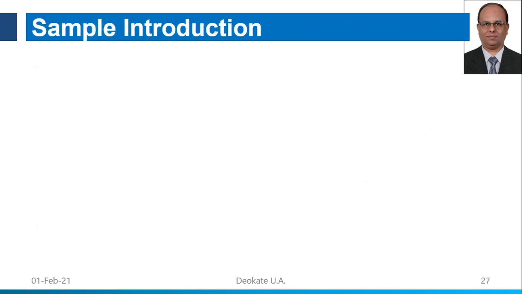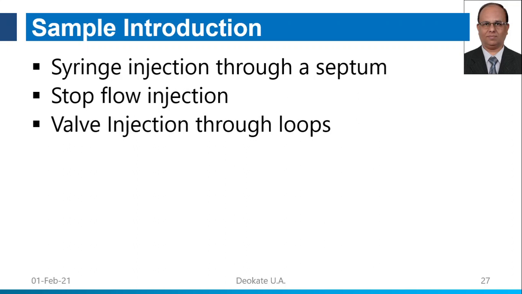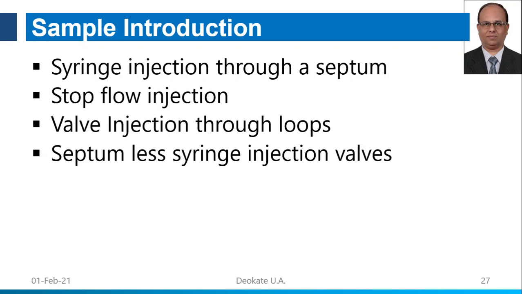The next part is the sample introduction or sample injection system. There are various sample injection systems like syringe injection through the septum, stop flow injection, valve injection through the loops, septumless syringe injection valves, or autosampler.